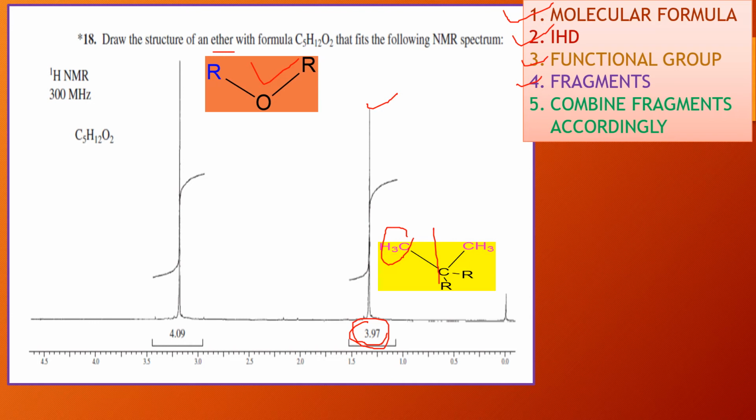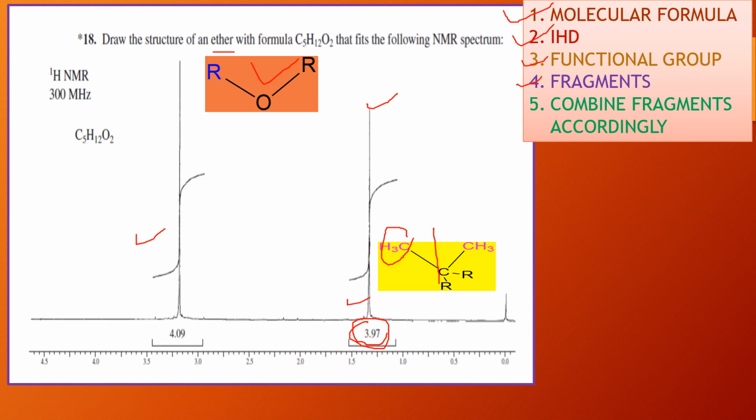right? So you can see here, this carbon is attached to the carbon. Why am I sure about it, that this carbon is attached to the carbon rather than oxygen? Because in the second peak you can see here, this peak's chemical shift value is higher than the first peak.